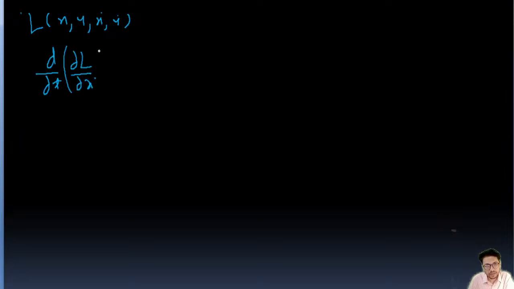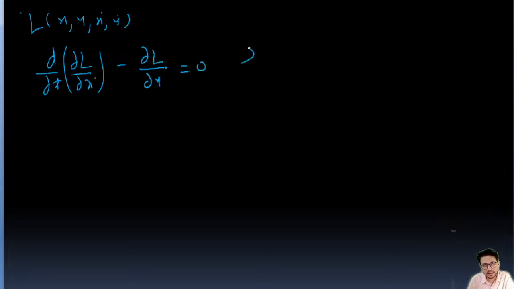So the Lagrangian is given, that is L, which is a function of x, y, x dot, y dot. Now the Lagrangian equation is going to be d upon dt of del L upon del x dot minus del L upon del x equal to 0, equation number 1.